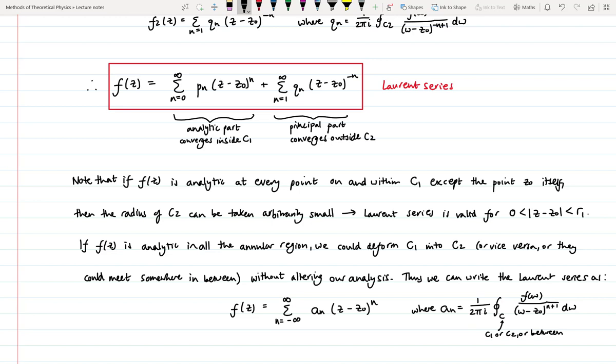Here we have that n is an integer, so 0, plus minus 1, plus minus 2, etc.